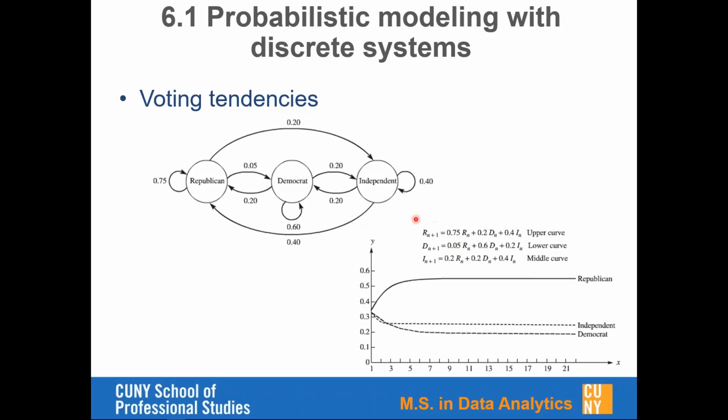That would be your new number of votes for the Republican. As time goes on, you can solve this problem to get a long-term probability curve. That's pretty much the same as before, except that now we have 3 states instead of 2.